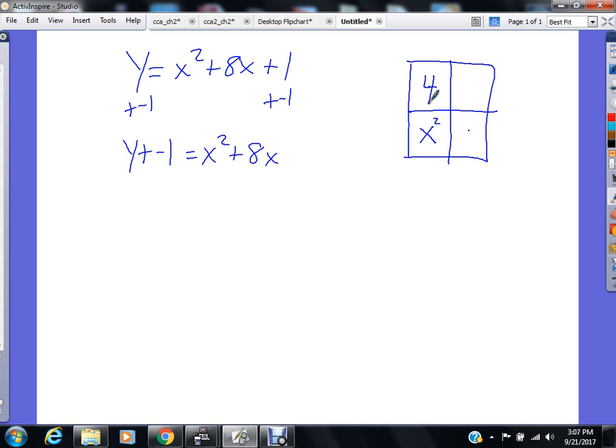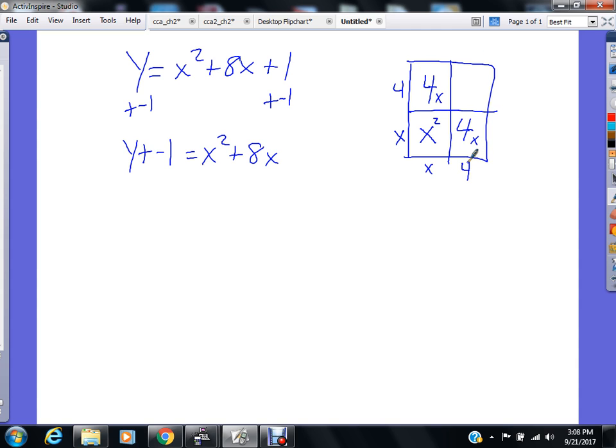So here is going to be 4x, and this spot is going to be 4x. By dividing it up evenly, now I've created this where I have x and 4, and so now this side and this side are the same. And a rectangle with sides that are the same is a square. All right, so now I have my square.